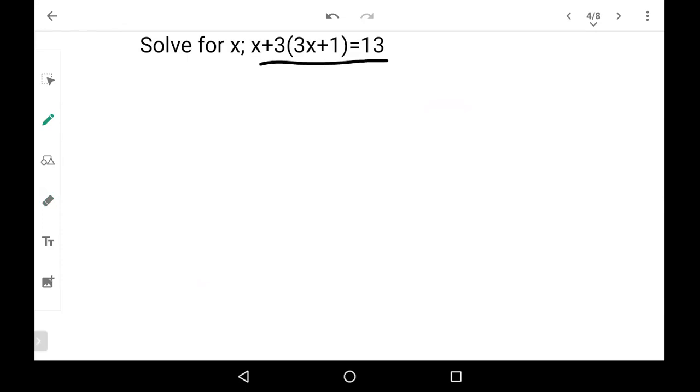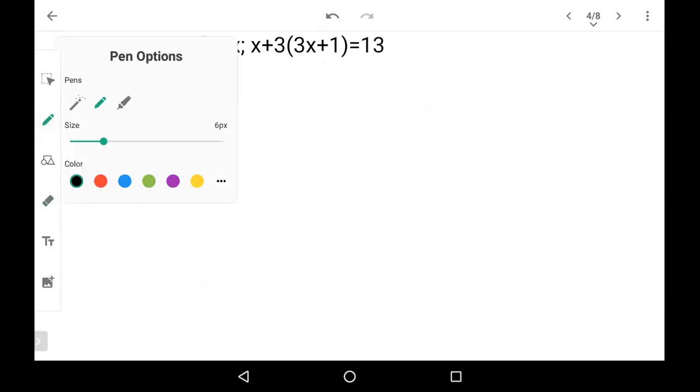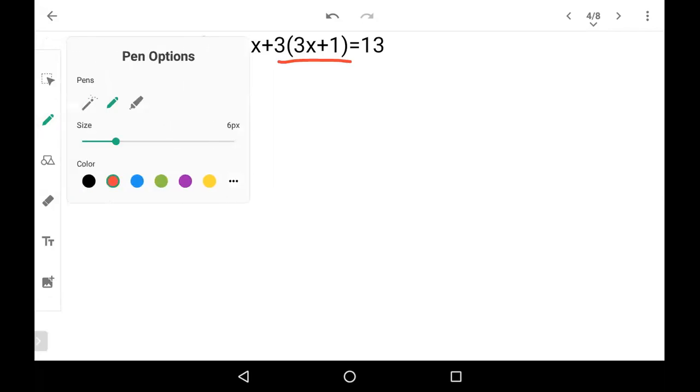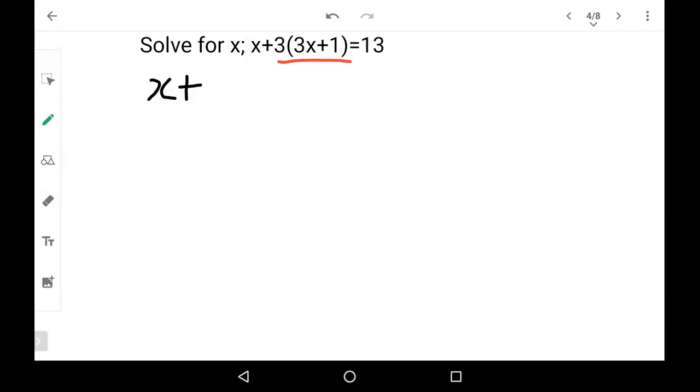Now like the previous problem, we will first write down x as it is, and the second expression, that is nothing but your 3 into (3x + 1), we have to multiply. Okay, so keep trying and giving me the answers. Others who are not able to, please concentrate here and solve it.